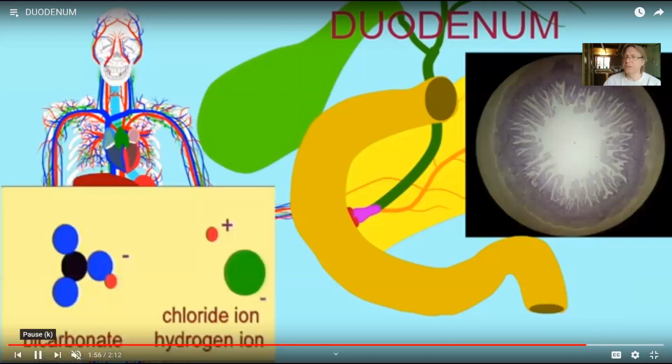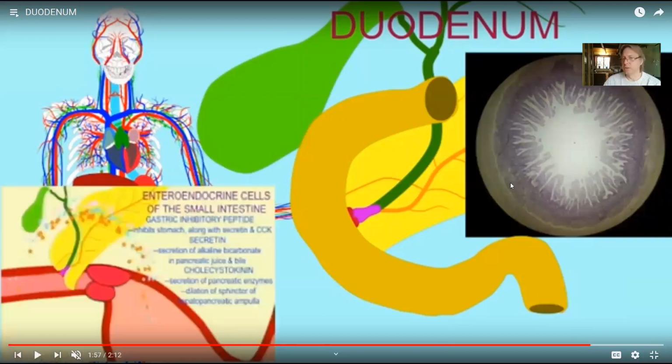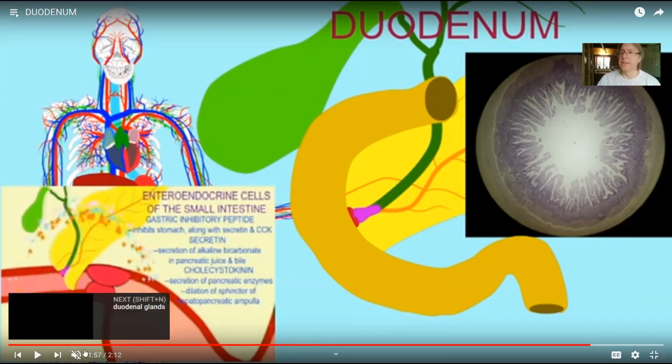But histologically, it's different. As you'll see in the next video as well, there are glands, this portion here, these are Brunner's glands that are only found in this section of the small intestine. Also, a great deal of bicarbonate needs to be released because the intestine is basic, so therefore it must neutralize the acids of the stomach.